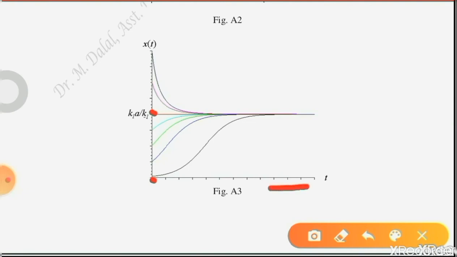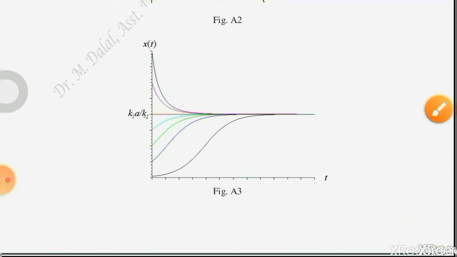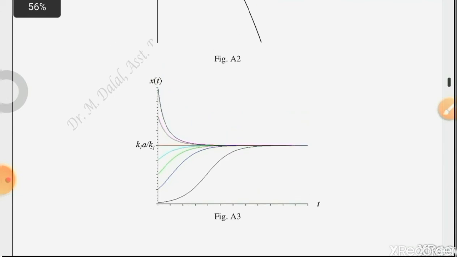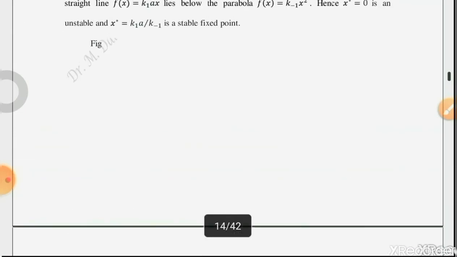After a long time, as t tends to infinity, all the trajectories move away from the x equal to 0 line, and all the trajectories tend to the line x equal to k1a by k minus 1. So x equal to 0 is the unstable fixed point, and x equal to k1a by k minus 1 is the stable fixed point, and we have obtained the stability of these two fixed points by linear stability analysis.